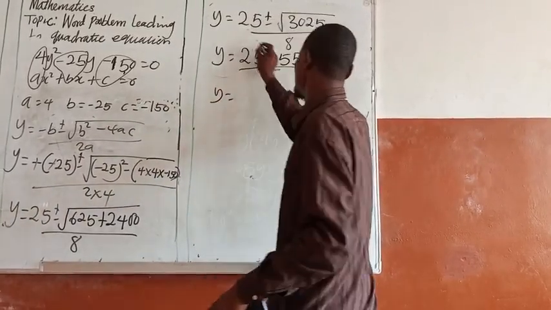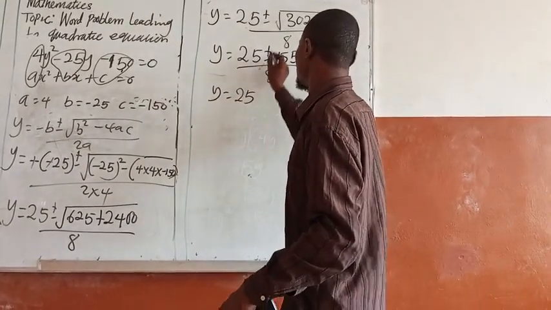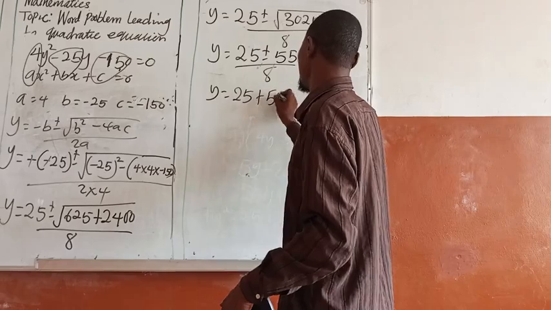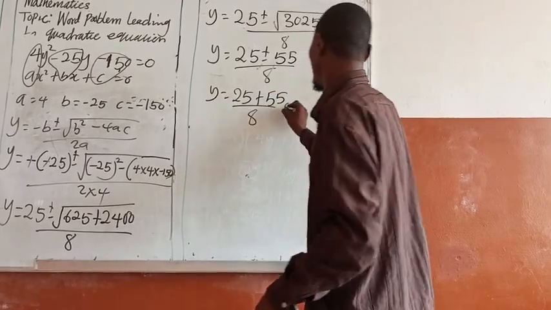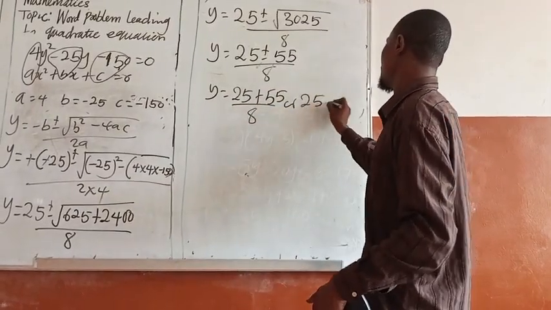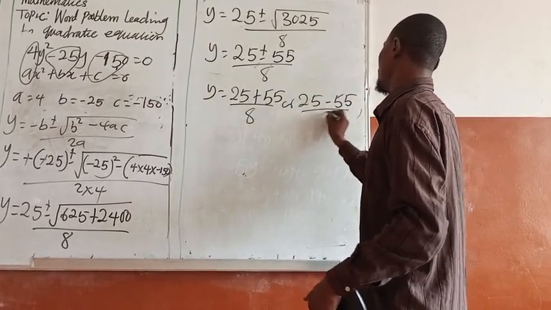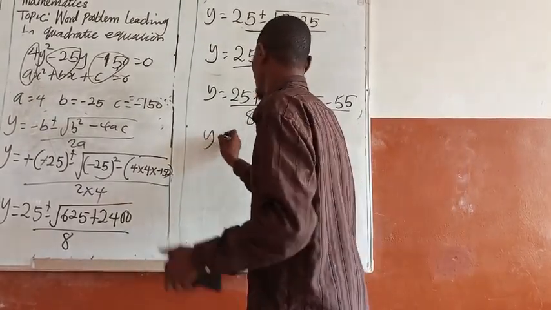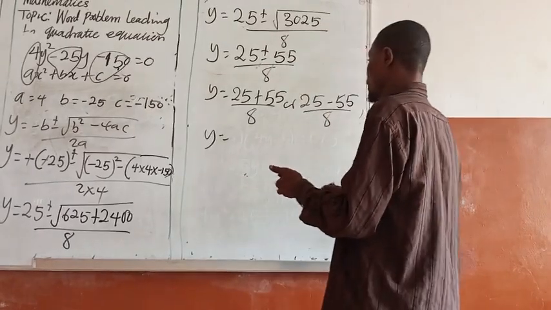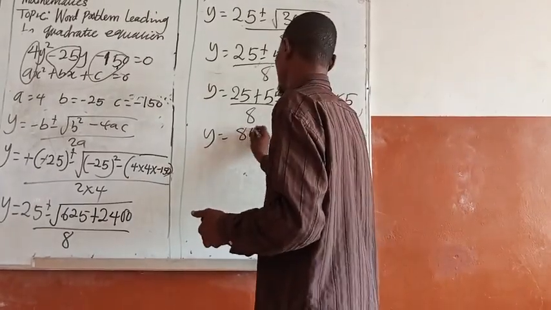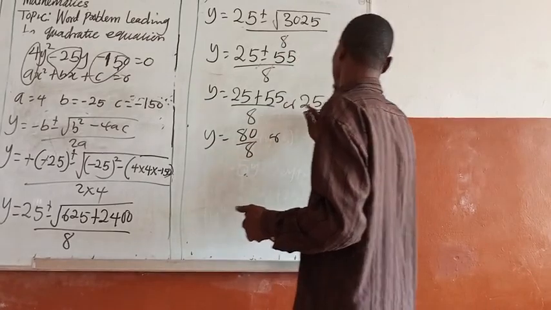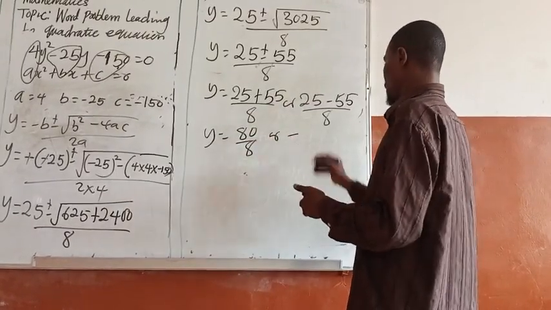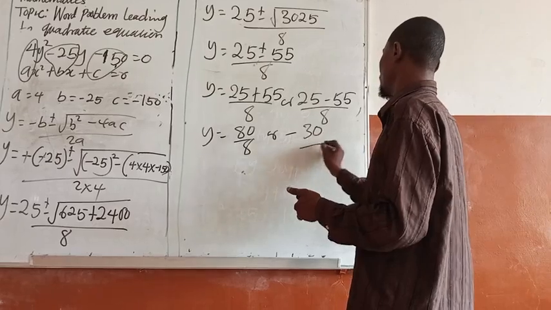Y is equal to, we take this 25 plus the first sign, plus 55 all over 8, or 25 minus 55 all over 8. We now have Y is equal to 25 plus 55, we have 80 all over 8, or this one is minus 30 all over 8.